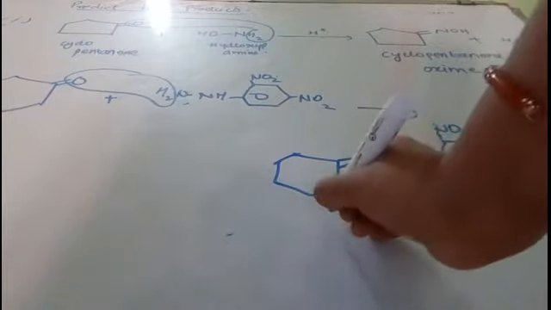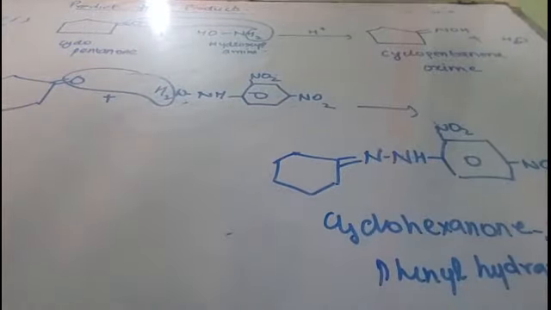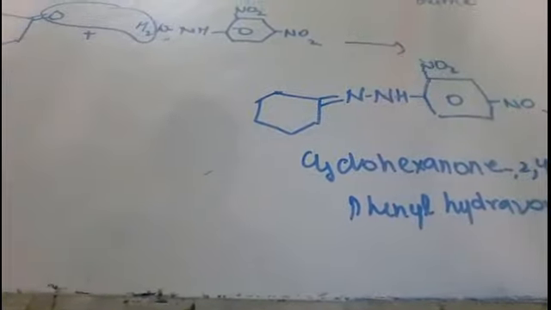So it is a cyclohexanone 2,4-dinitrophenylhydrazone or 2,4-dinitrophenylhydrazone of cyclohexanone, right? You can write in that way also, or cyclohexanone 2,4-dinitrophenylhydrazone. Understood? Now next one.